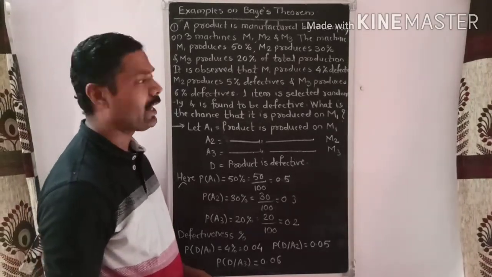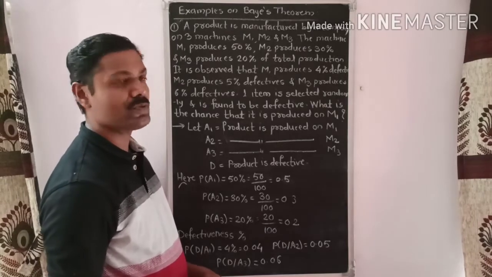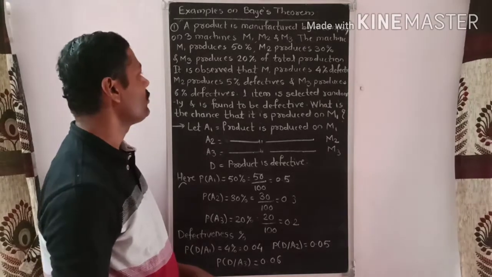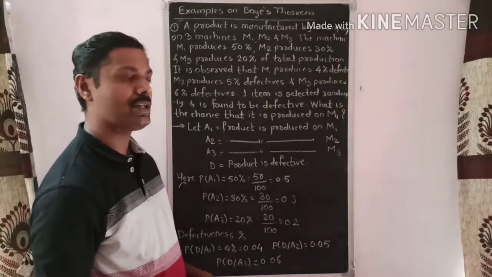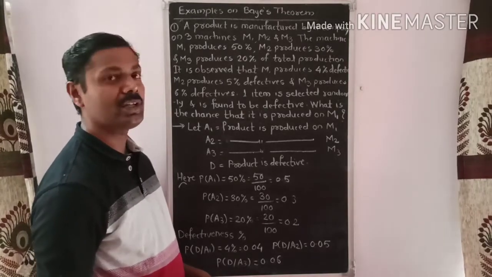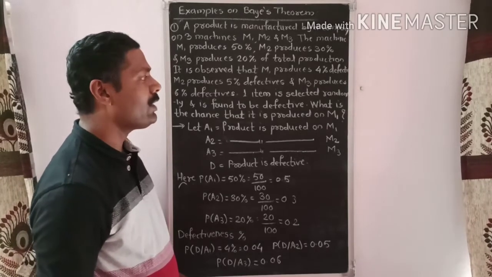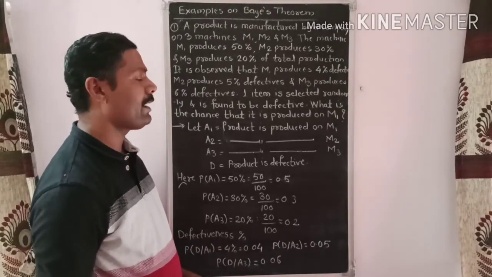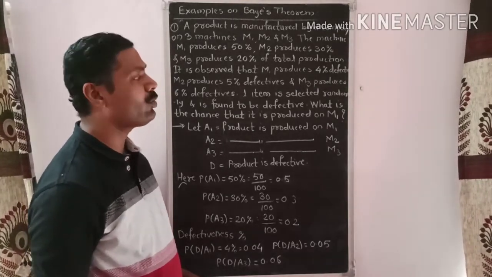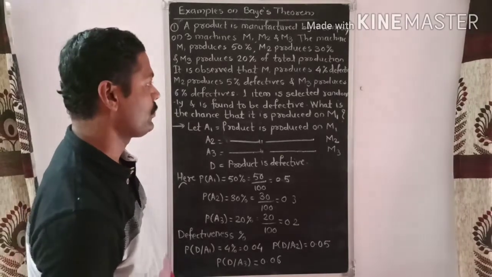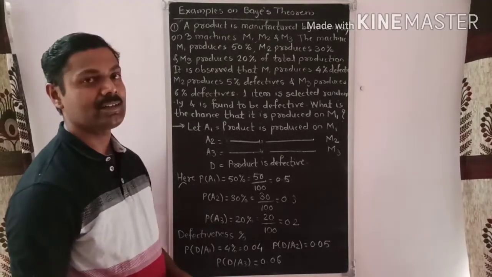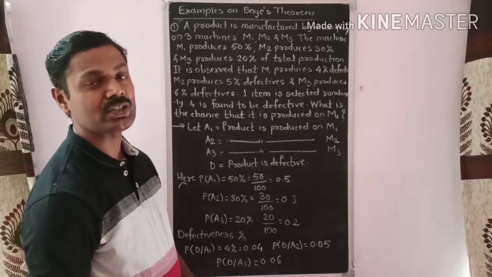It is observed that M1 produces 4% defectives, M2 produces 5% defectives and M3 produces 6% defectives. One item is selected at random and is found to be defective. What is the chance that it is produced on machine M1?